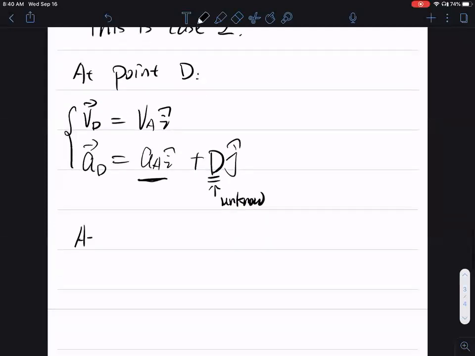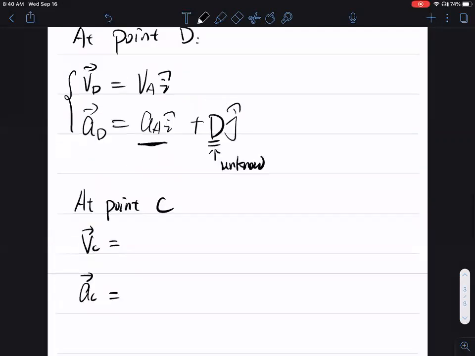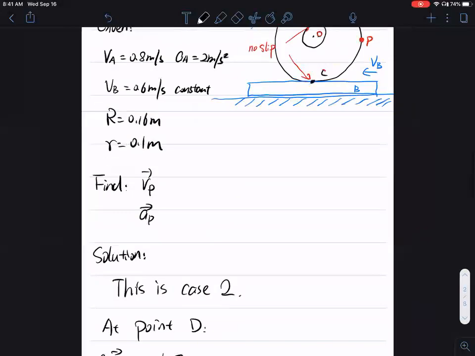How about at point C? What is VC? What is AC? So at point C, the velocity of C is the same as block B. That's case 2.